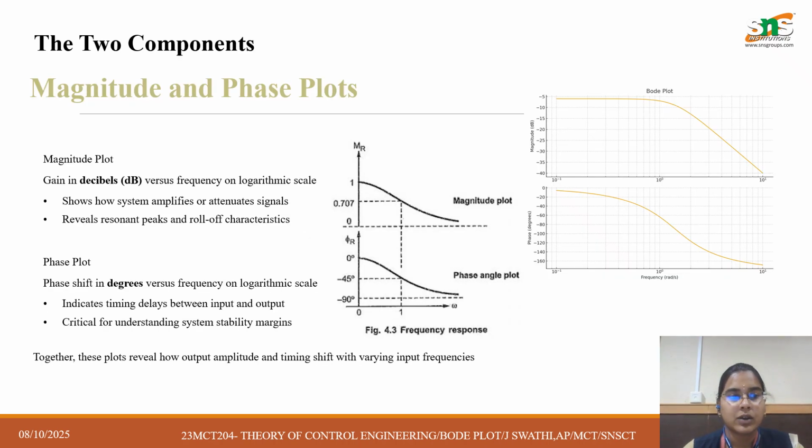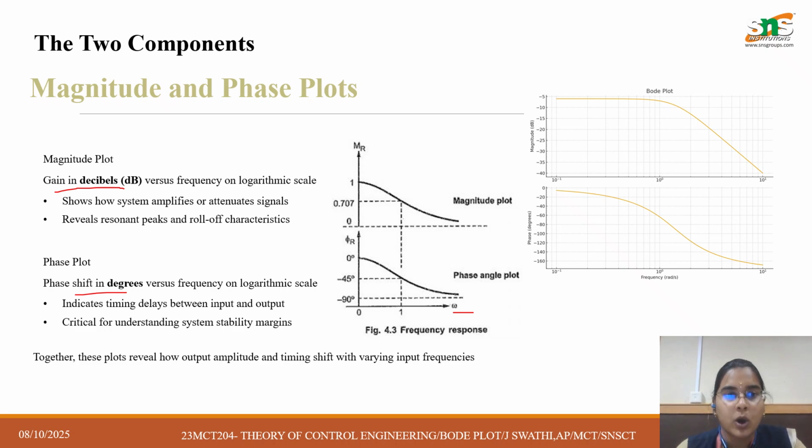Coming to the magnitude plots, the Bode plot shows both the magnitude, that is the gain plot, and the phase plot. Here we discuss the gain in decibels and the phase shift in degrees. Let us take this graph. You can see both the magnitude and the phase marked across the frequency response.